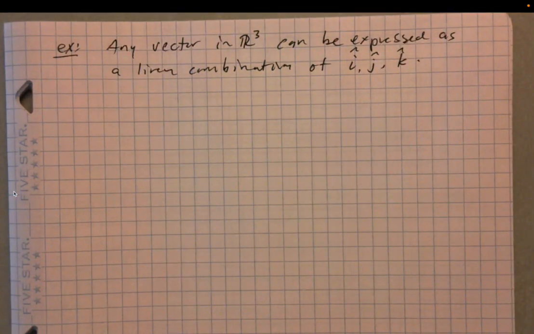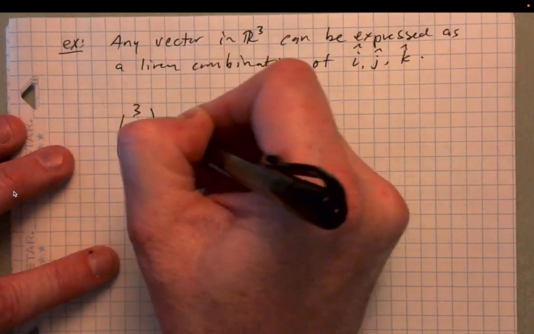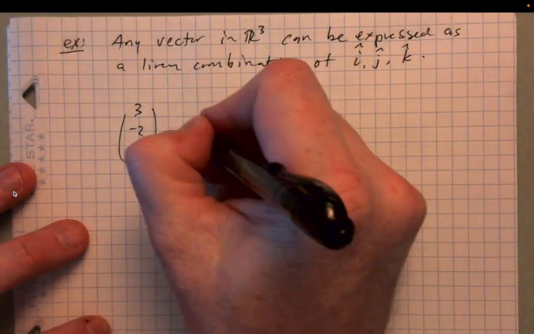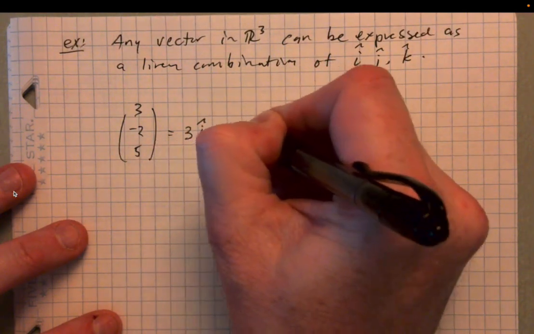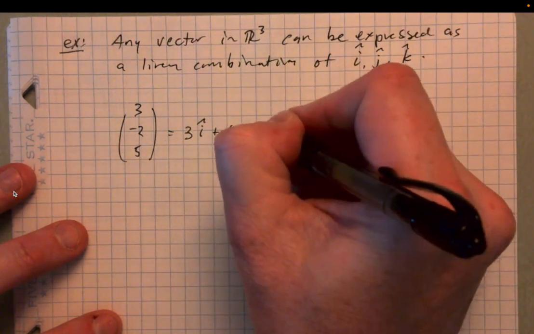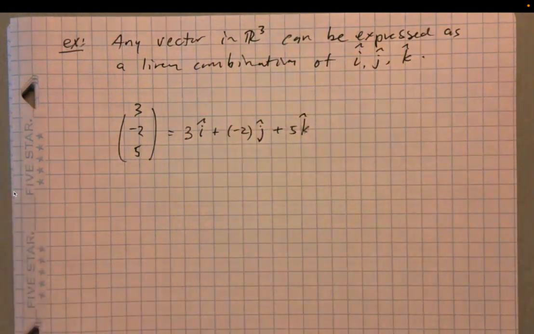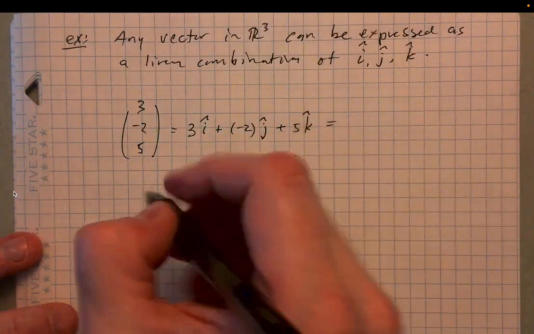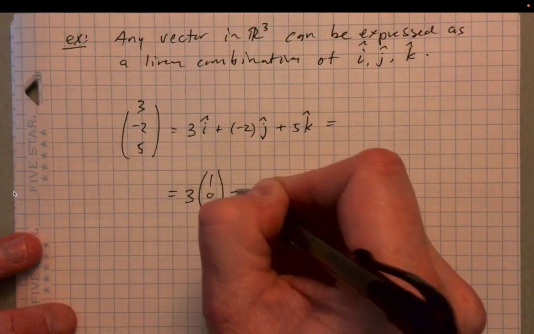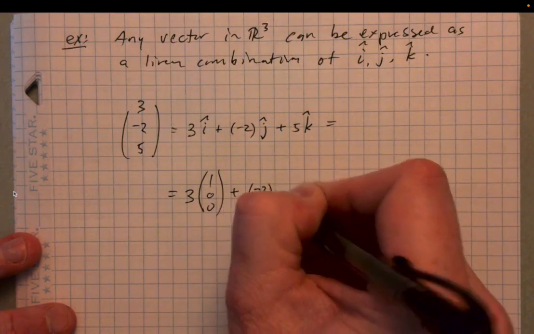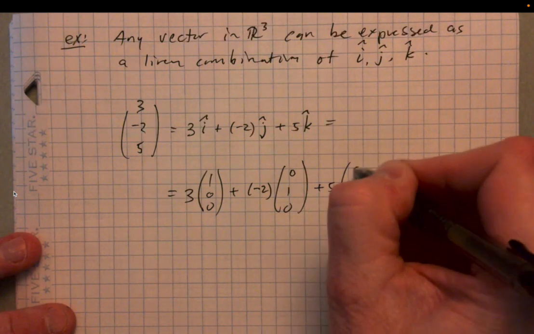For example, if I take the vector (3, -2, 5), that's equal to 3i plus -2j plus 5k. That's 3 times (1, 0, 0) plus -2 times (0, 1, 0) plus 5 times (0, 0, 1).